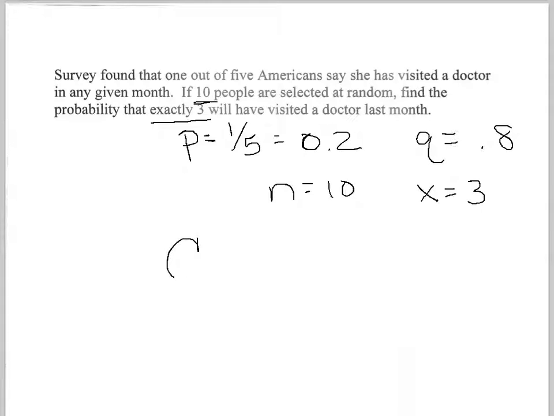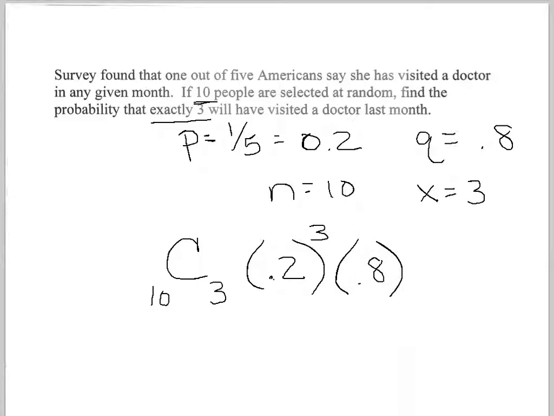All I'm going to do is go to my formula and plug in. 3 people out of 10 I'm choosing. The probability that someone goes to the doctor is 0.2. I want 3 people to go to the doctor. The probability that people don't go to the doctor is 0.8. If 3 are going, 7 are not.